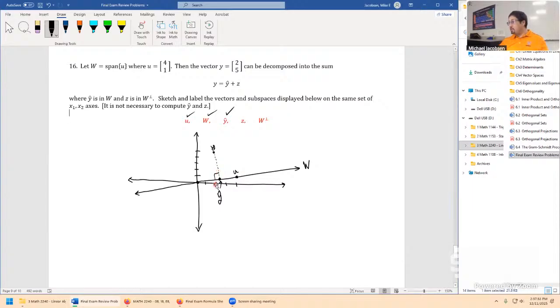So after we have that vector Y hat down here, we can plot Z. Any questions at the moment with the sketch so far? Okay, so here's where Z connects. Imagine that there's this line that goes kind of like this.